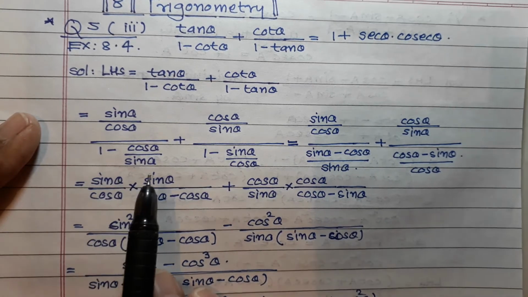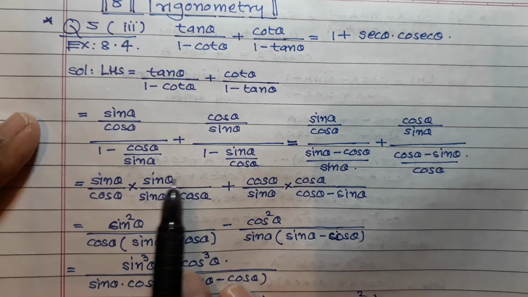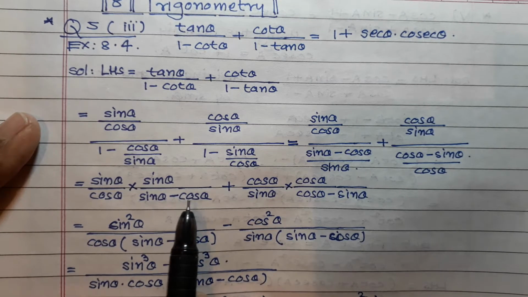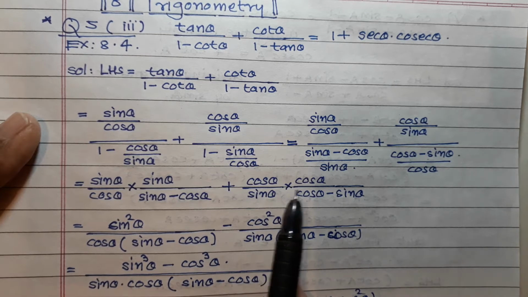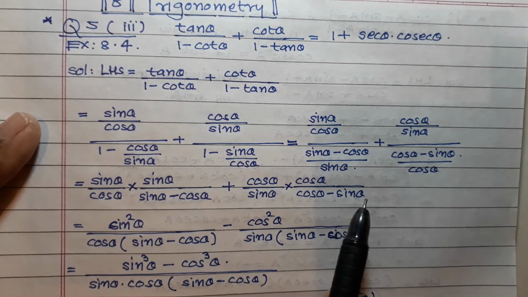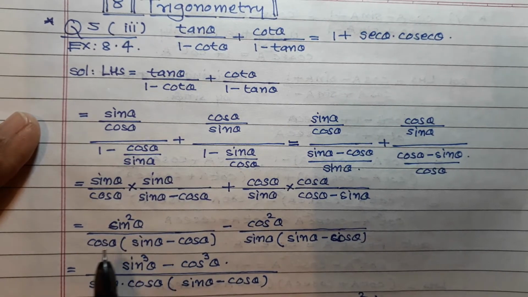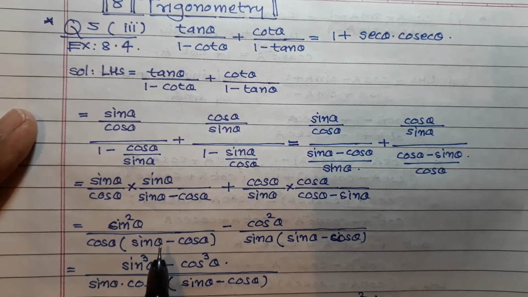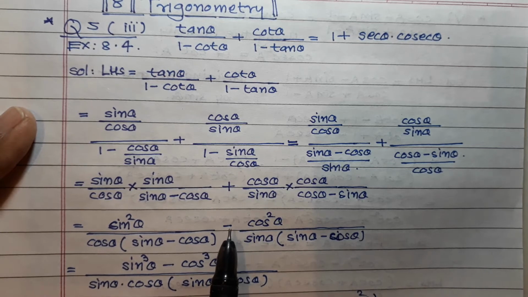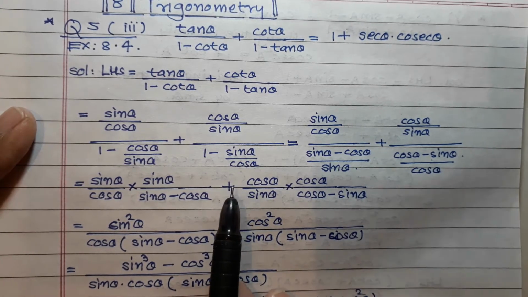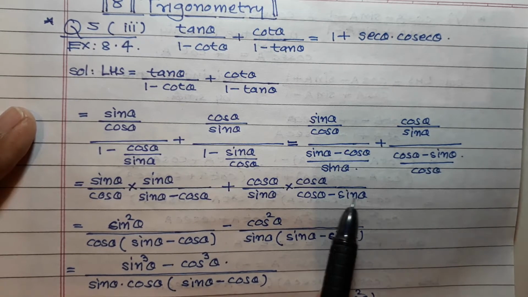So sine theta upon cos theta into reciprocal sine theta upon sine theta minus cos theta plus cos theta upon sine theta into cos theta upon cos theta minus sine theta. Okay, so this is equal to sine square theta into bracket upon cos theta into bracket sine theta minus cos theta and minus, now here I change this sign, this is positive, so this become negative here and I change this sequence.